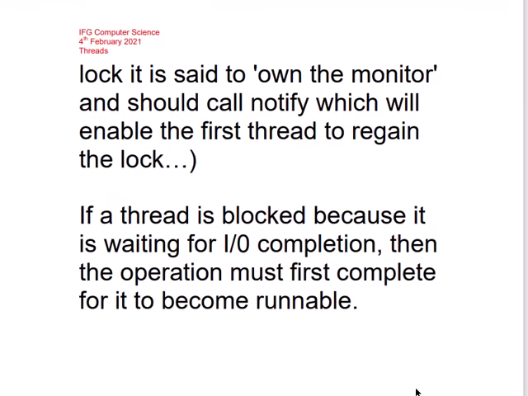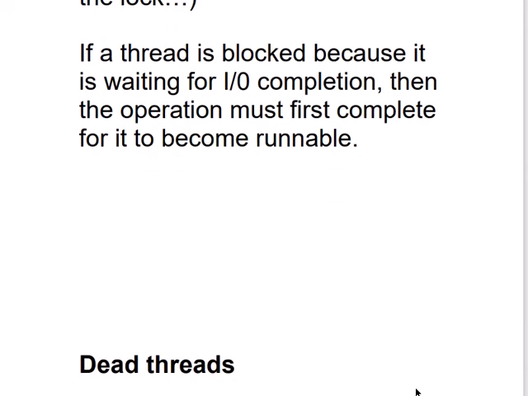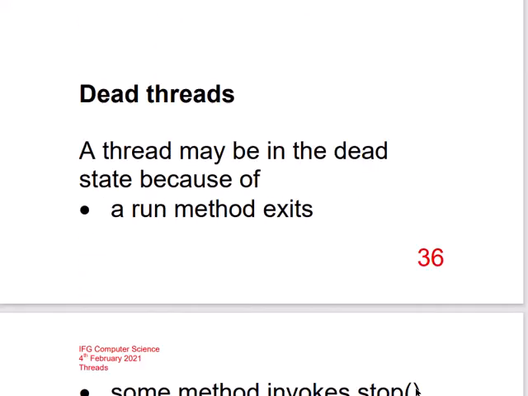If a thread is blocked because it's waiting for an I/O completion, then the operation must first complete for it to become runnable. Okay, so that's all a bit long-winded, but reasonably clear. All I'm doing here is introducing you to some important methods that relate to thread control.